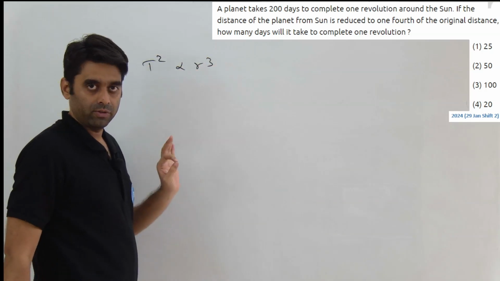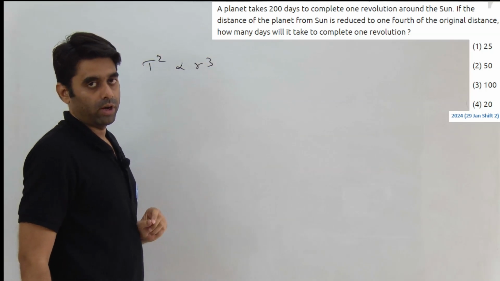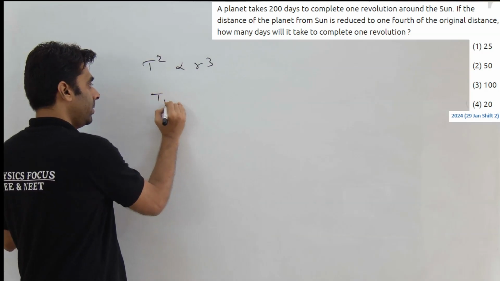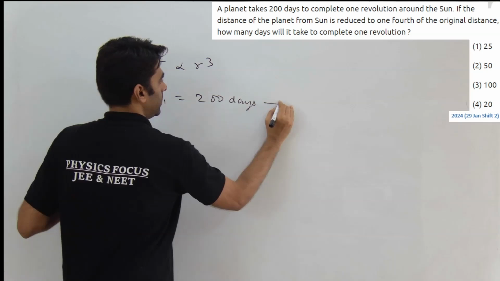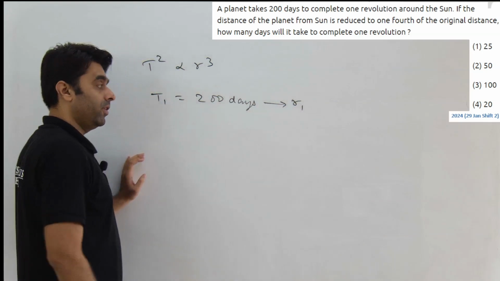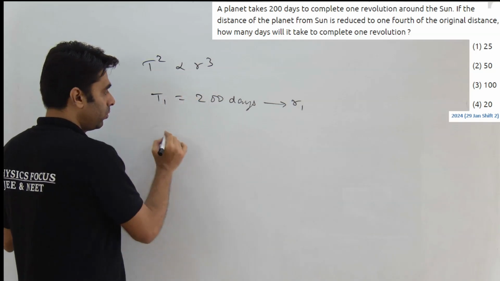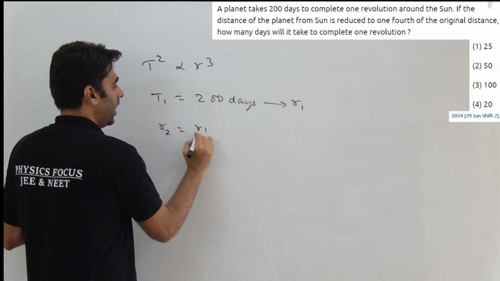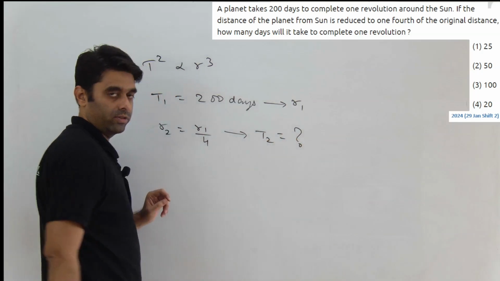I hope this point is okay, right? Time period square is proportional to R cube. Now initially time period is given to us, 200 days. Let's say the distance was R1. When the distance is made 1/4, that means R2 is made R1 by 4, we have to find out the time period. This is what is given to us.